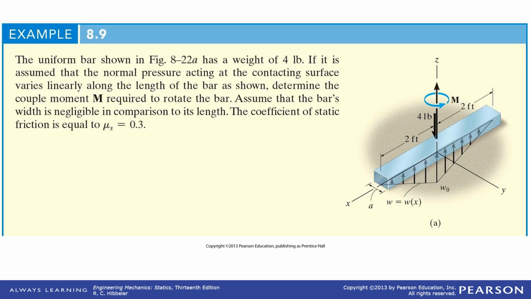So we have mu s equals 0.3, and we have a changing distributed load. It's more in the center than it is on either end, and it's triangular. So what is the moment we need to move the bar?